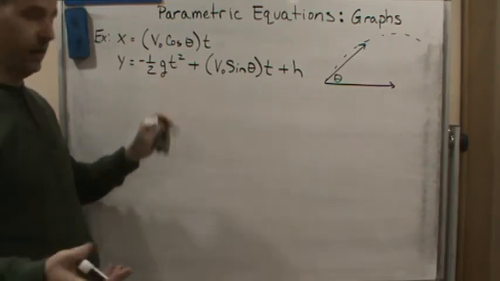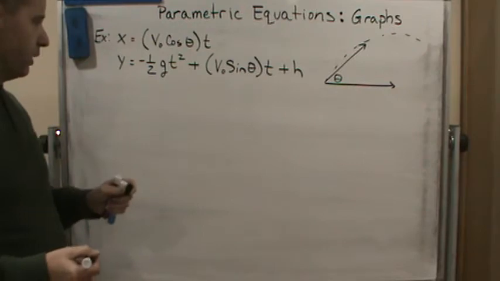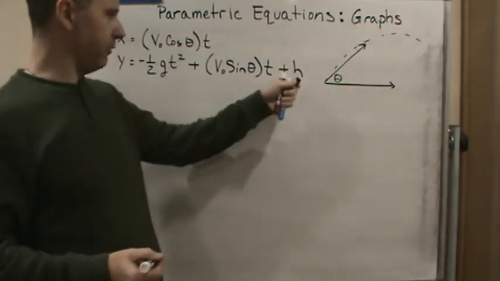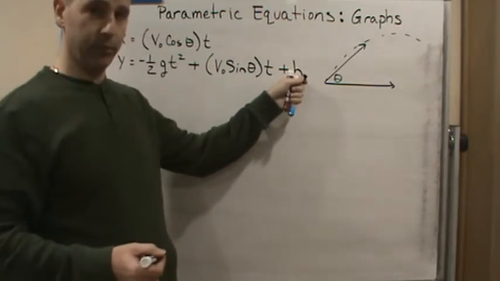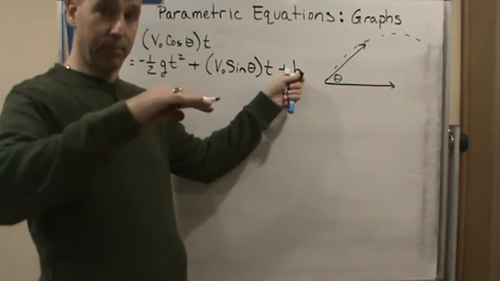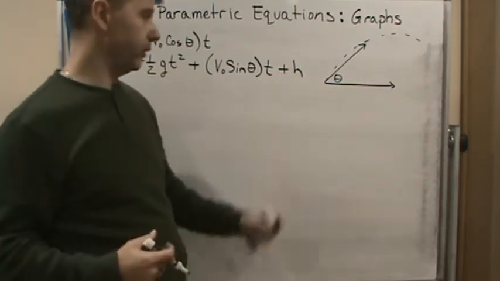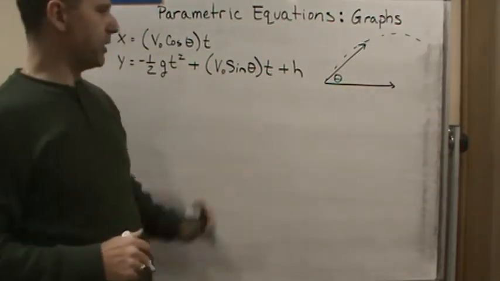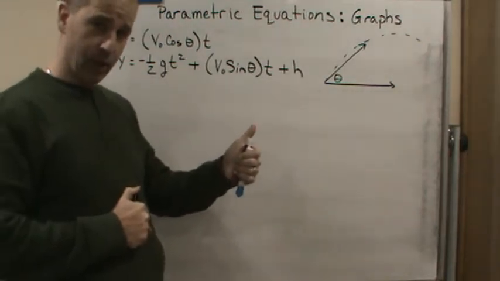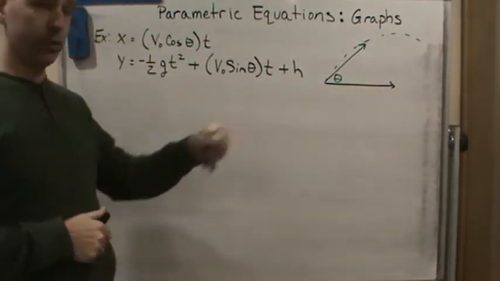So depending on the units given, that's going to determine what value you use. And then of course, h is the initial height of the object. Is it at ground level? If it was at ground level, h would be 0. Or it could be something that's launched above ground level, or something launched below ground level. These are the two parametric equations that would be used to model not only the path of the object, but also the position of the object over time.